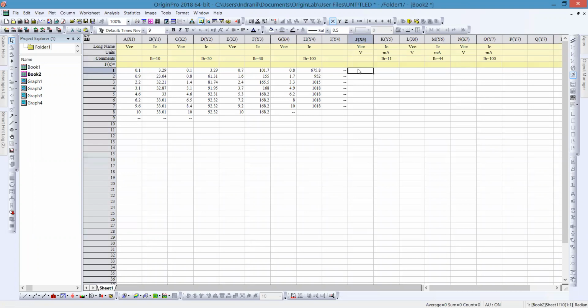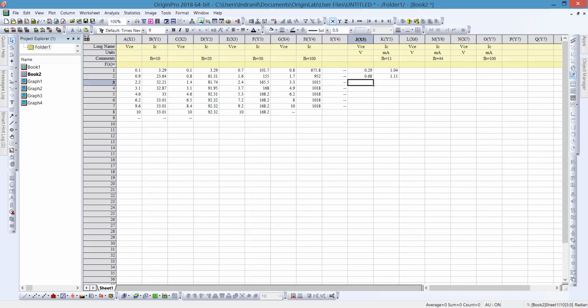Please tell me for 11.1. 0.29. 1.04 milliamps and 0.6 volts. 0.68.